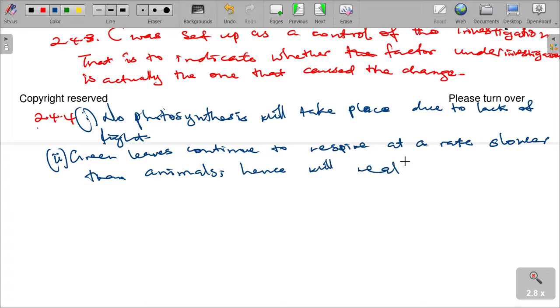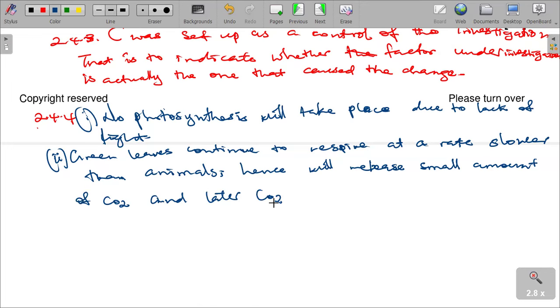They will release a small amount of carbon dioxide, and later the carbon dioxide increases due to accumulation.